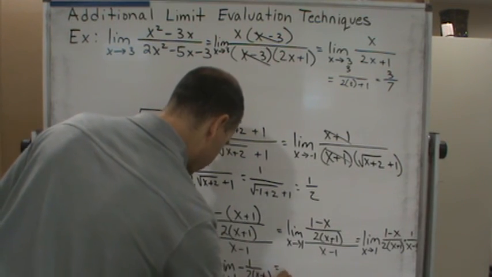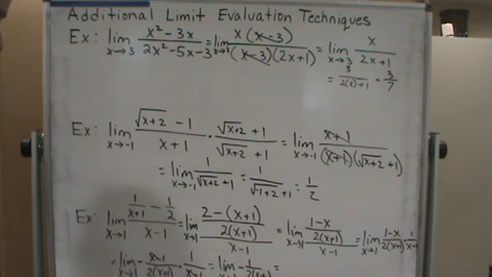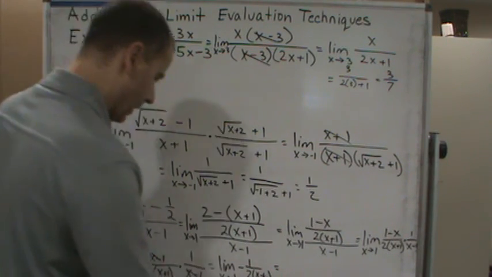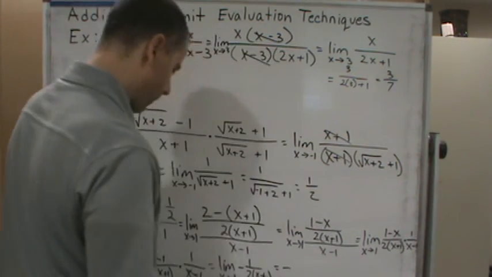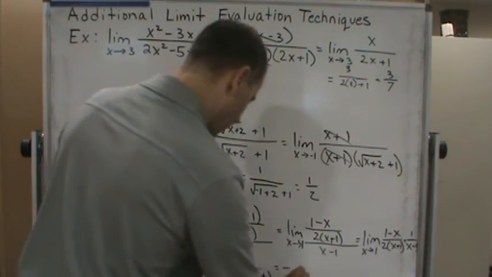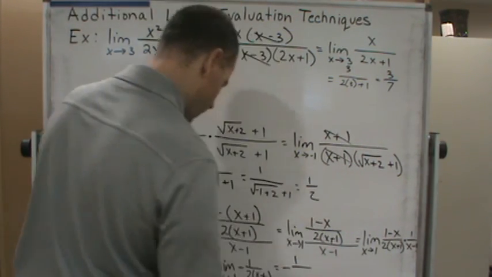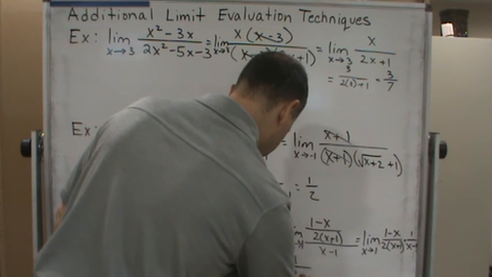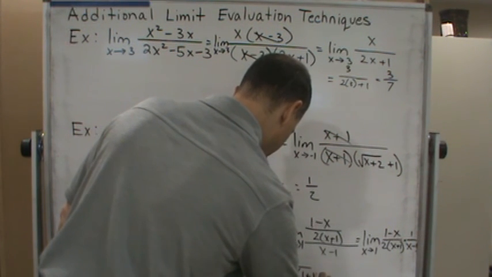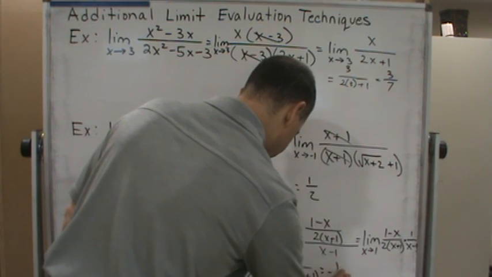And now I can use the limit laws, right? Because I don't get 0 over 0 anymore. So now I can just apply the limit laws. I'm going to get negative, what? 1 over 2 times 1 plus 1, which gives me a negative 1/4.